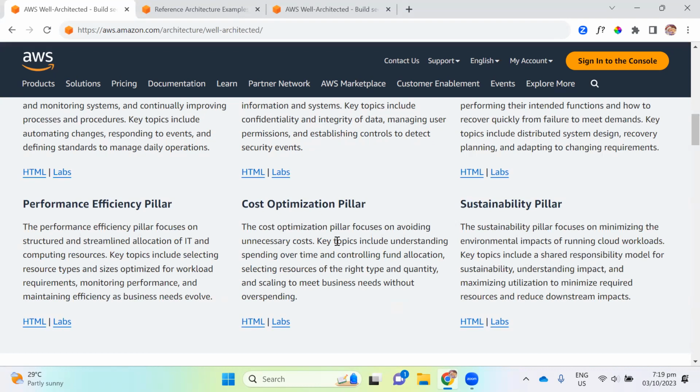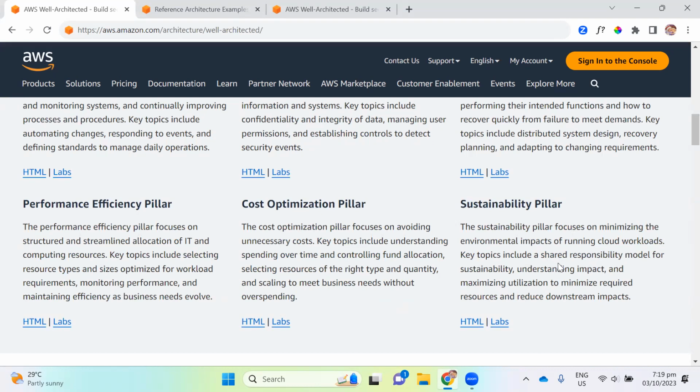This is what the cost optimization pillar will always help with. There are many tools like Cost Explorer, Trusted Advisor in AWS, Budget, then Budget Alarms, which we have configured. These are all there to help us highlight the cost and also reduce the cost.